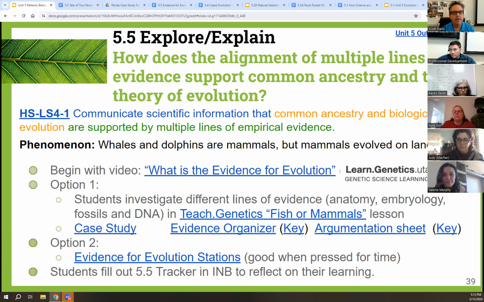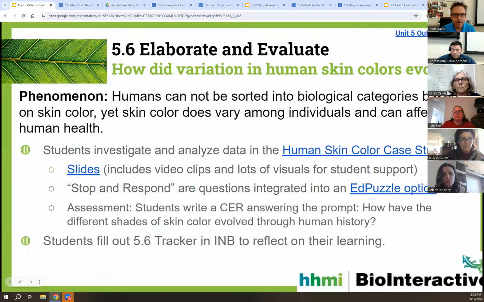And this is an activity that I think we really started working on in maybe the last year, intentionally looking at the idea of skin color and the phenomenon being that humans can't be sorted into biological categories based on their skin color. And yet, when we look at the entire planet, we see all these variations in skin color and realize that there is a health connection to that as you dig deeper.